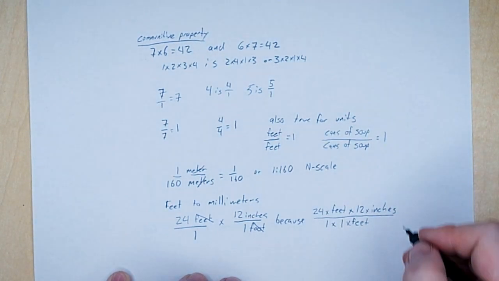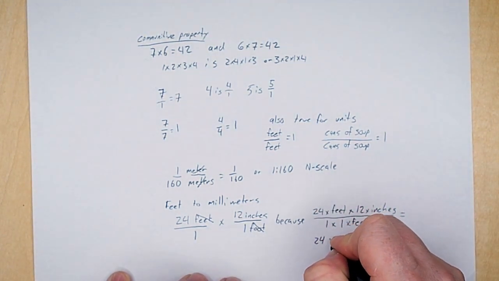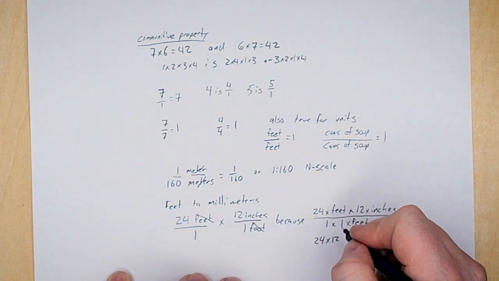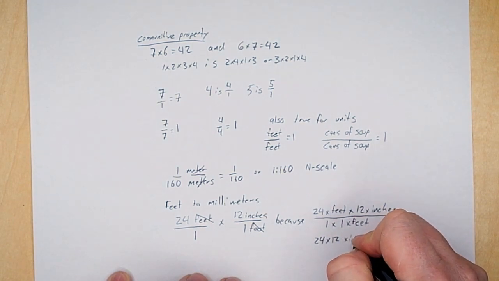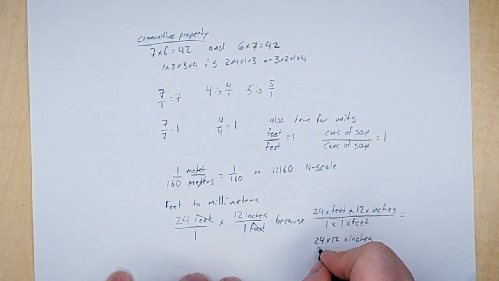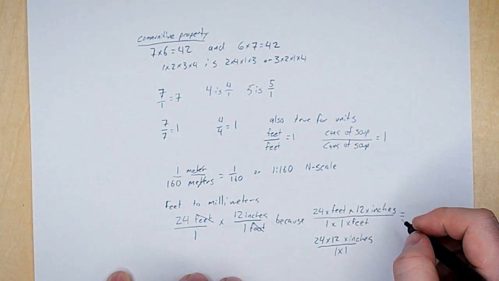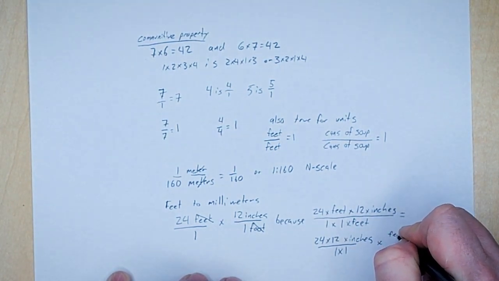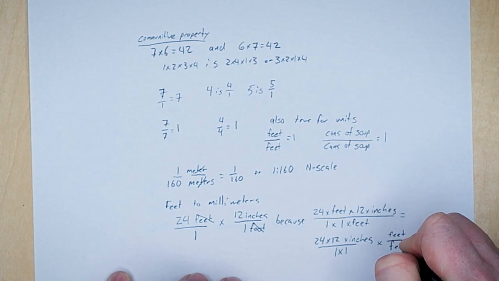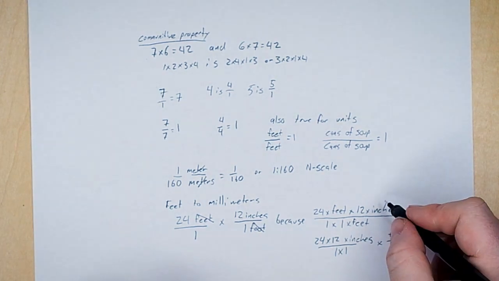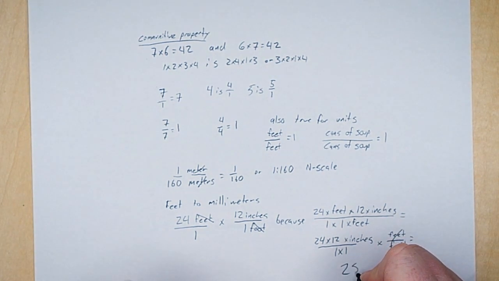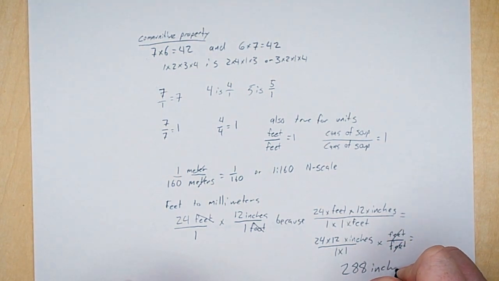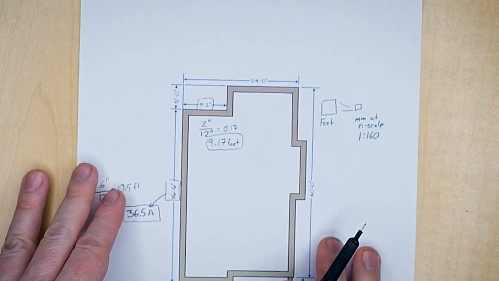That is because I can use the commutative property to rearrange the fraction and show it as the same thing as 24 times 12 inches over 1 times 1 times the fraction feet over feet, which we know also equals 1. My result then is simply 24 times 12 inches, 288 inches. That gets us partway there.